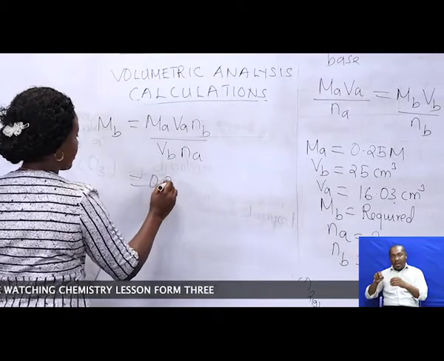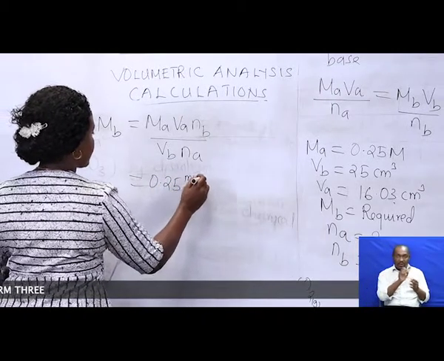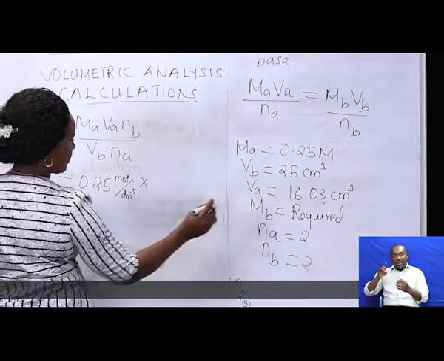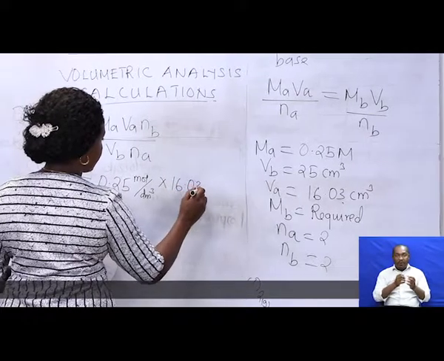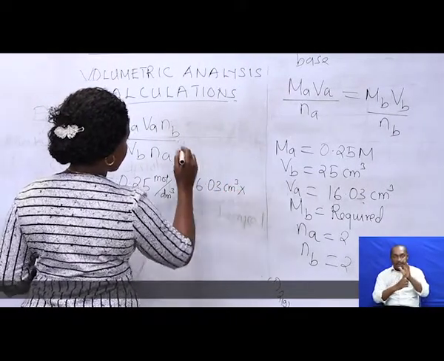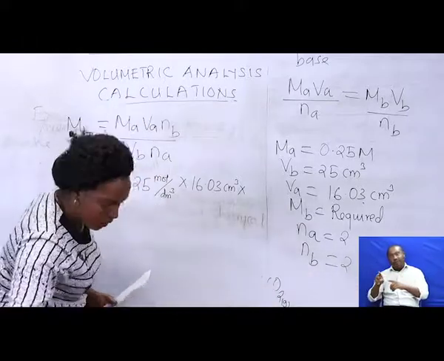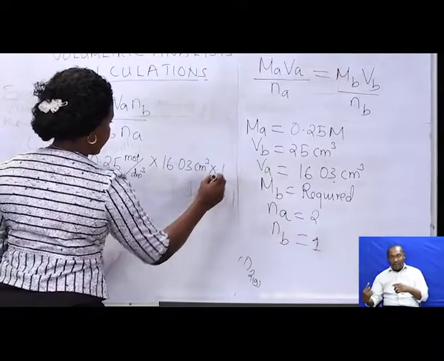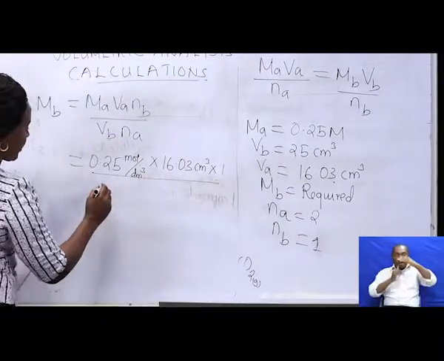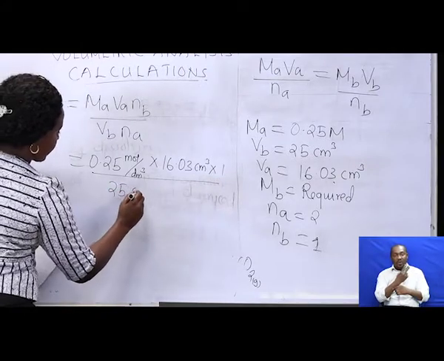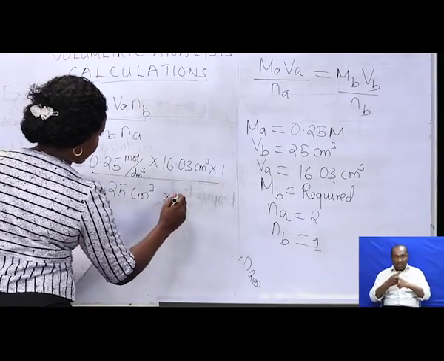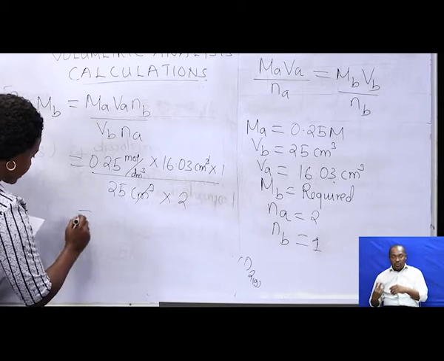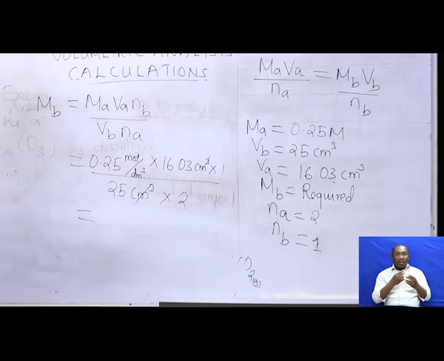This is 0.25 moles per cubic decimeter times volume of acid, 16.03 cubic centimeter, times the number of moles of base, it is 1. Divide by volume of base, those 25 cubic centimeter, times the number of moles of acid, it is 2. So this and this will cancel out, and the unit will be moles per cubic decimeter.